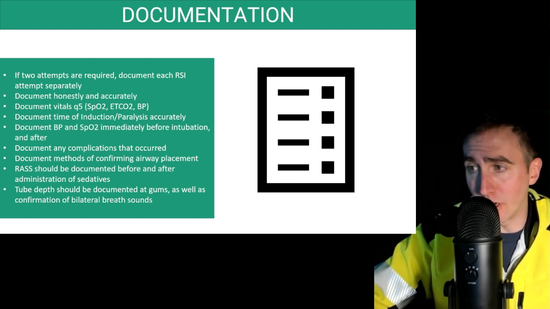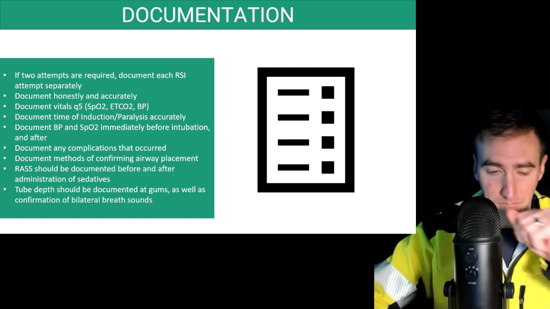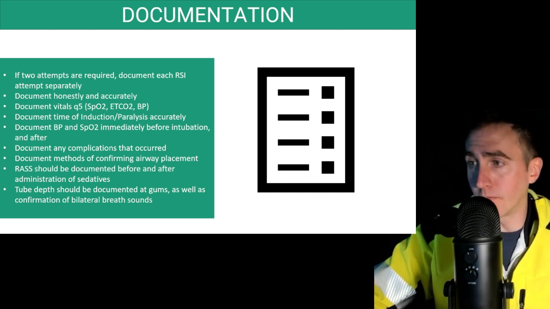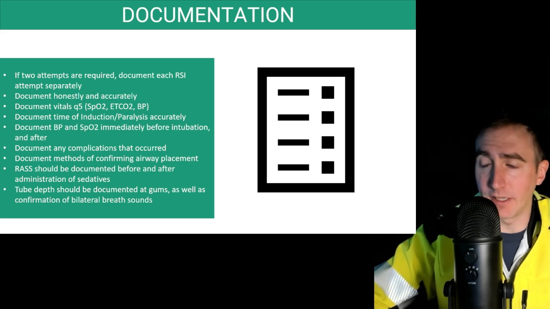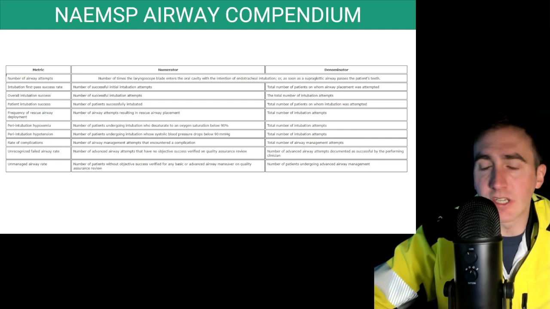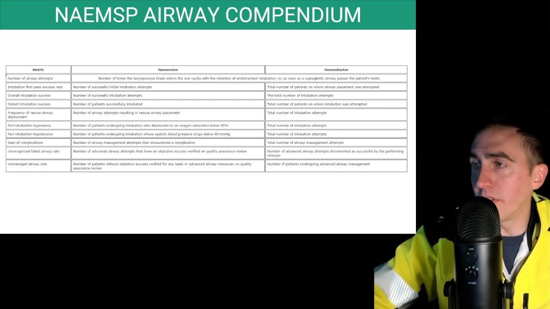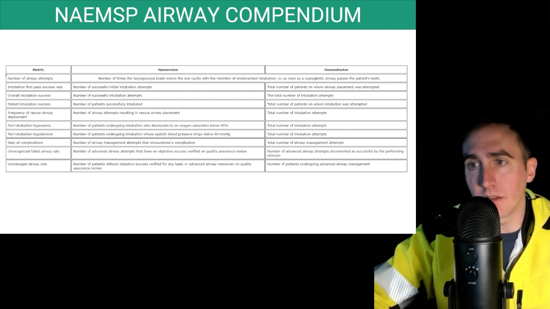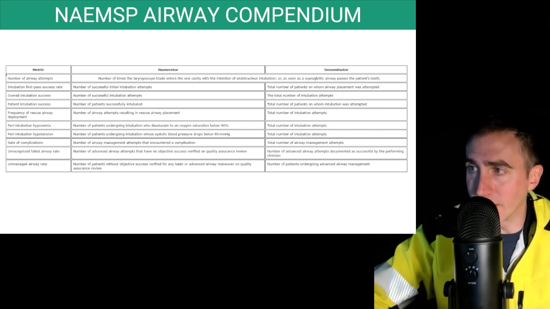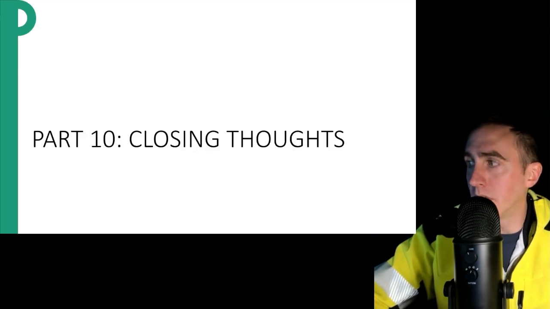Our standard for documenting a tube depth is at the gums, as well as confirming bilateral breath sounds and of course waveform capnography. Here's an example of what all of the things we're going to be tracking look like. I won't go over each of these, but we plan on tracking RSI and non-RSI intubation separately.